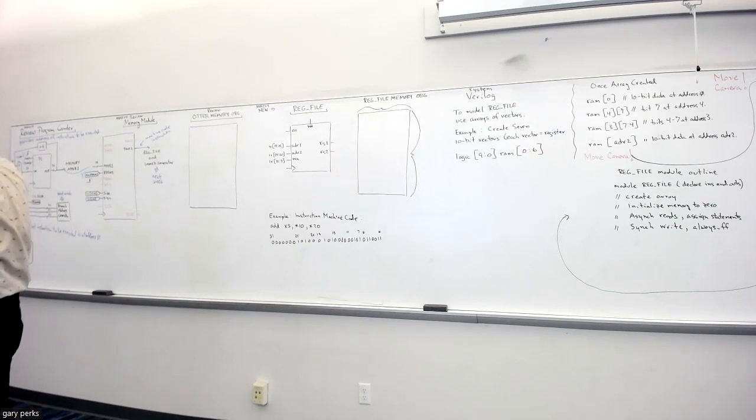Load half word, the 14th bit is 0. Load byte, the 14th bit is 0. So 0 means signed in this case. Load byte unsigned, the 14th bit is a 1. Load half word unsigned, the 14th bit is a 1. So 1 here means unsigned.